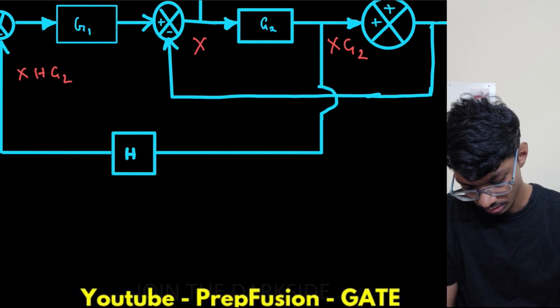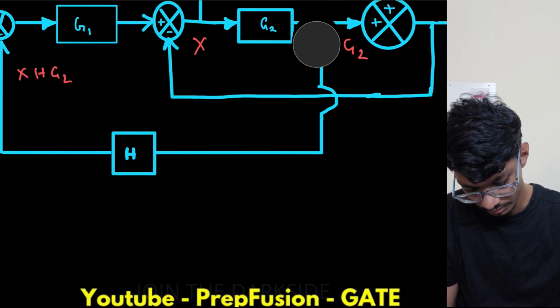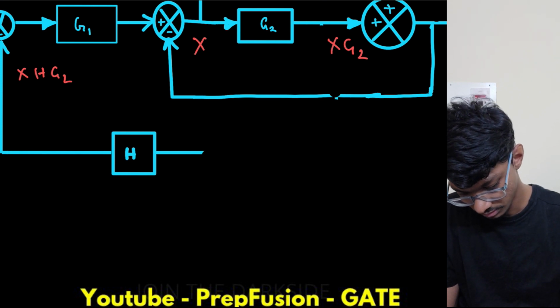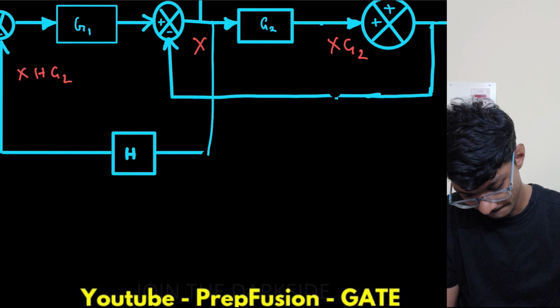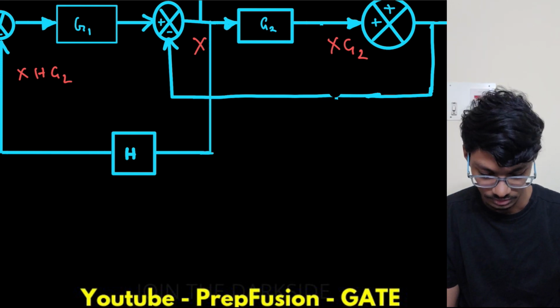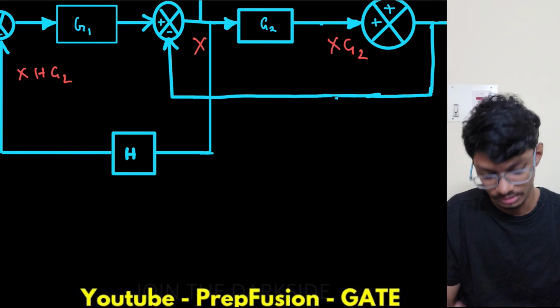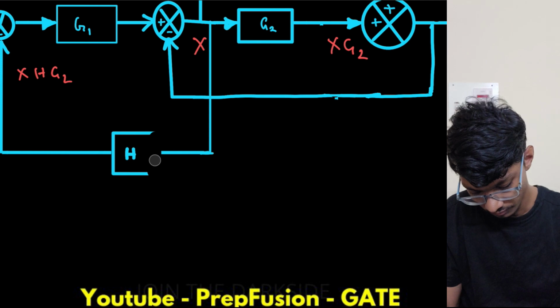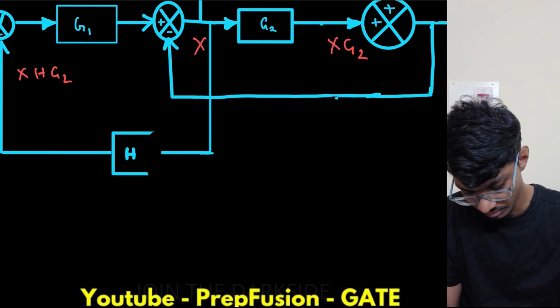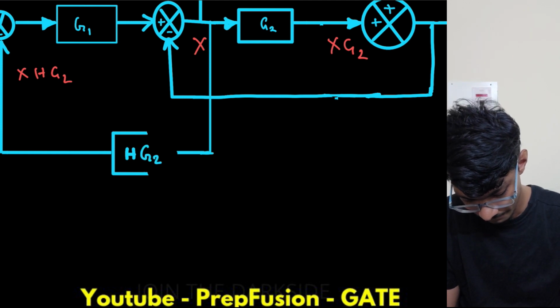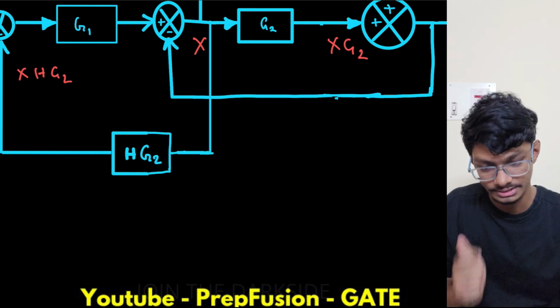So I will take this point, it is too big, take this point from here to this end, okay, and so this is x, so I need xg2 here, so I will add a gain block here of g2, right? So this will simply be replaced with h times g2.